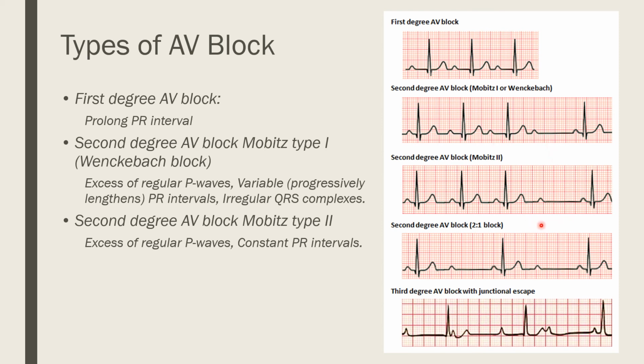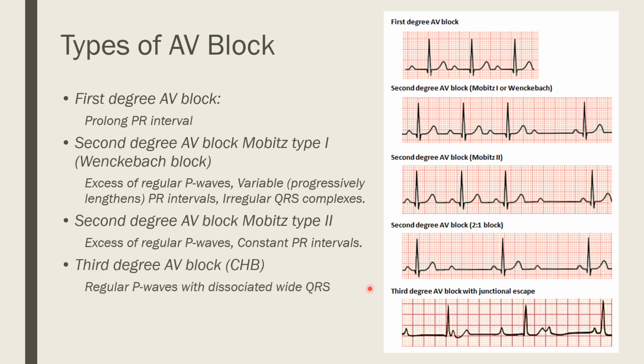In Mobitz type 2, we have either a missed QRS complex, or every two P waves followed by one QRS complex. This is called 2-to-1 block, also Mobitz type 2, because there is a constant PR interval.